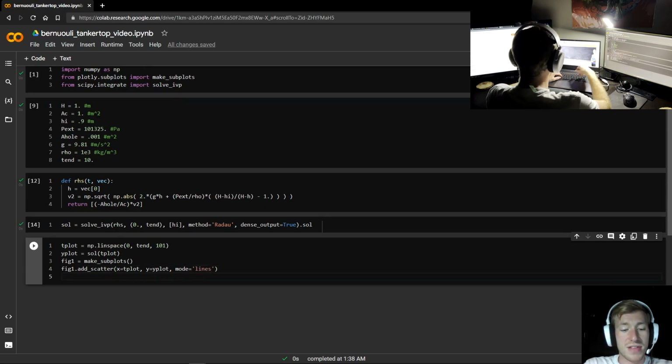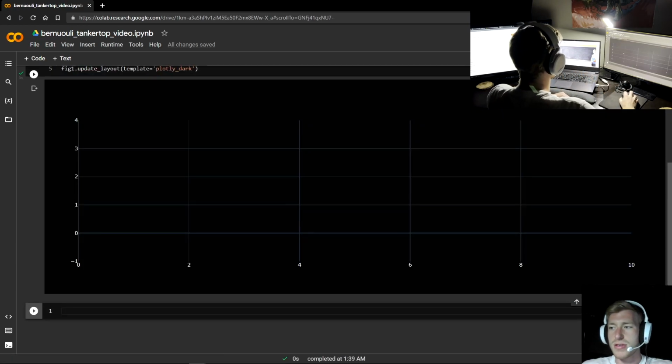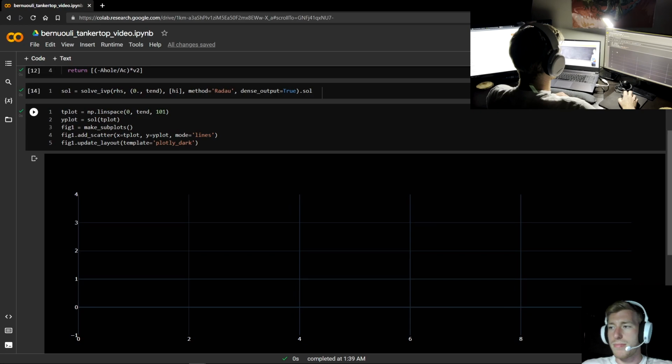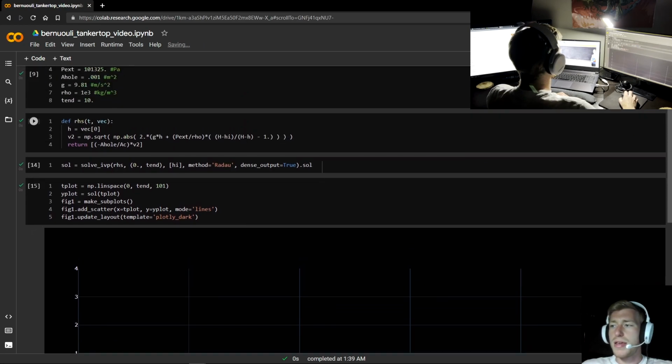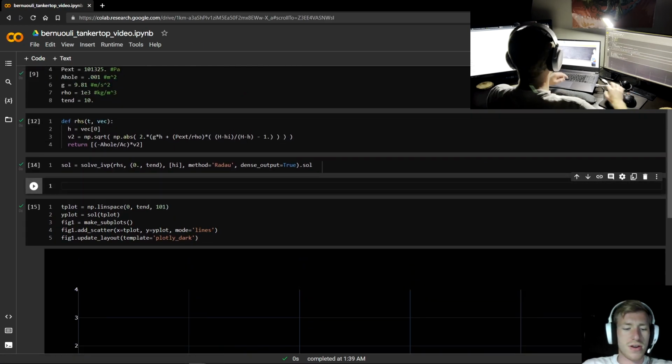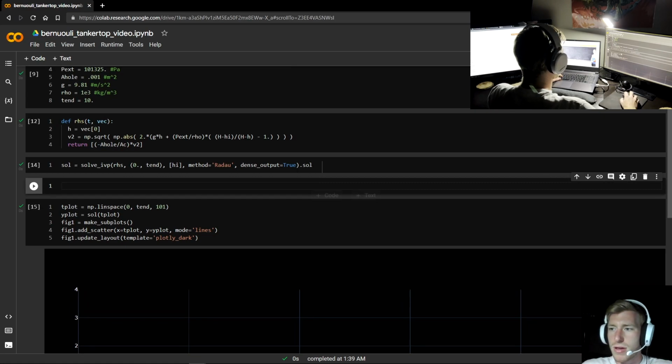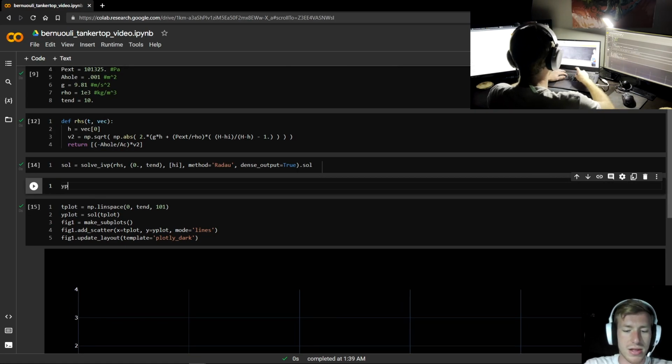And then because I'm fancy and bougie, we're going to do fig1.update_layout, parentheses, with template equal to plotly_dark. If we plot this, we didn't get anything. Is something going funky with yplot? Let me look at yplot here for a second.